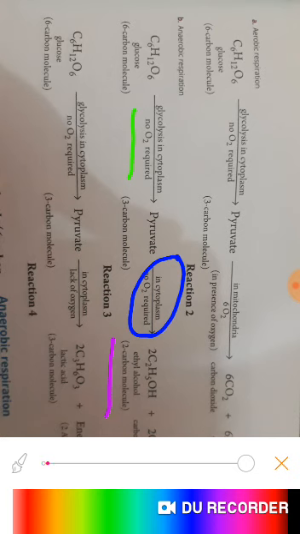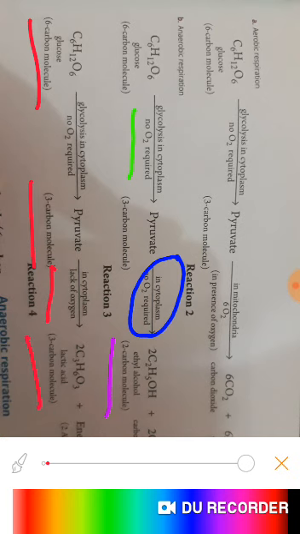Then, in our muscles, when we go for vigorous exercise, physical exercise, what happens? This 6-carbon compound gets converted into pyruvate. This is the same in all 3 reactions. Then the next step is different. Pyruvate, in the absence of oxygen, gets converted into lactic acid, a 3-carbon compound, 2 lactic acid molecules.